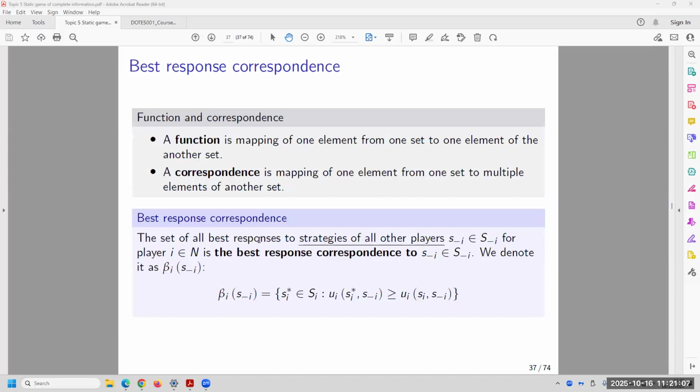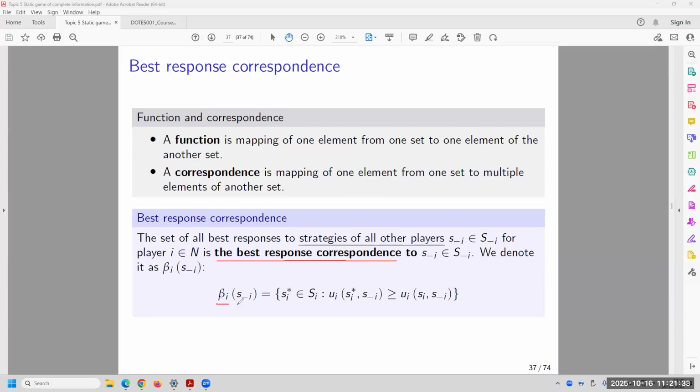Once we say that it's more than one, we will define what we call the best response correspondence. A correspondence allows us to say that instead of an element, the output is a set. Here we call it beta_i.